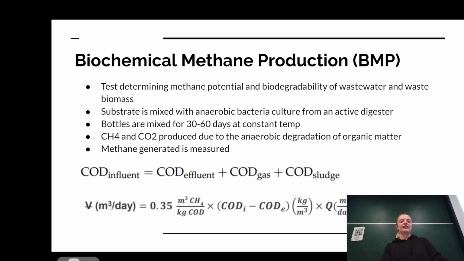Then we figure out the amount of methane produced in our volumetric flow rate, and that's equal to 0.35 times our methane over our kilograms of COD, times our influent COD, so that's the COD I here, minus our effluent COD, the COD E, and just making sure that unit is in the right form, times our flow rate. Okay.